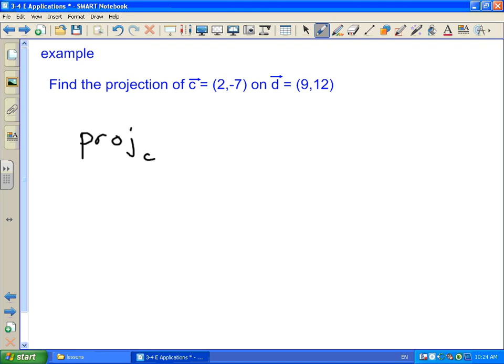Projection of C onto D. Okay. And if we're doing C onto D, we're going to want C dot D up in the numerator. Okay. We want the magnitude of D squared down in the denominator, and we want to multiply this whole thing by vector D.